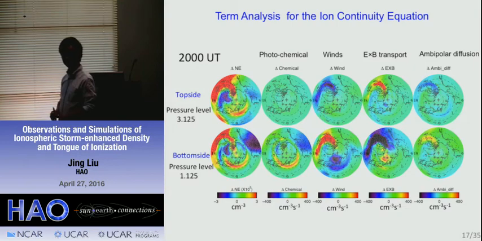What do you mean by coupled to neutral? It's just the neutral wind, in this case, pulling the ions down the field, along the field line. I think you did some projection along the field line. Yes. The ions aren't following the wind. They're just being pushed up and down the field line by the wind.